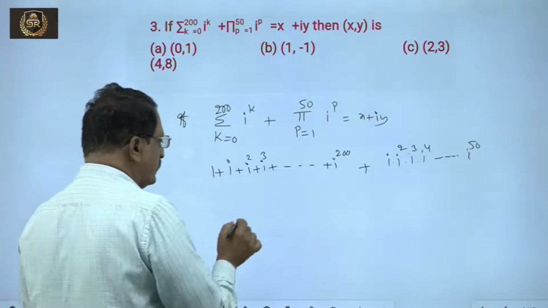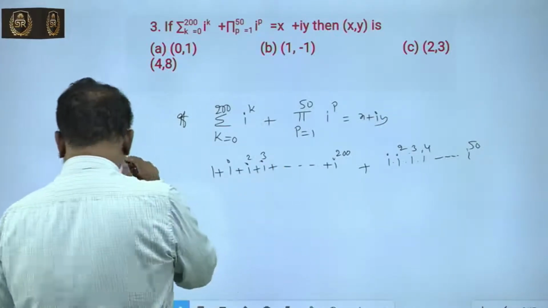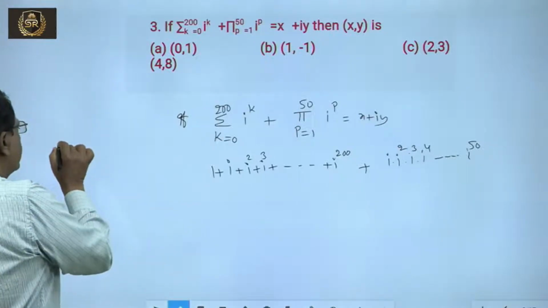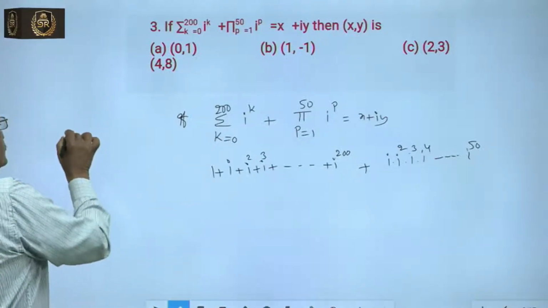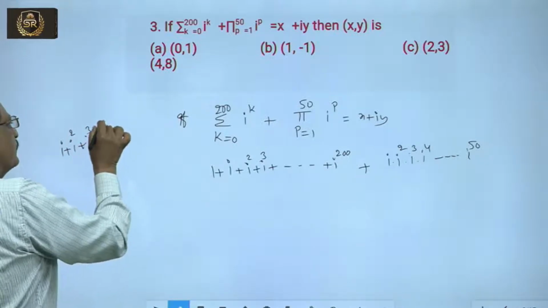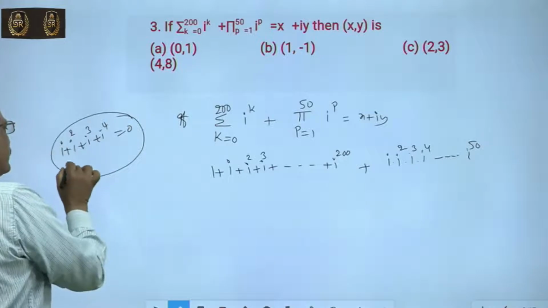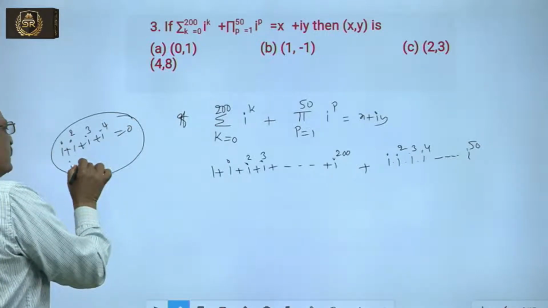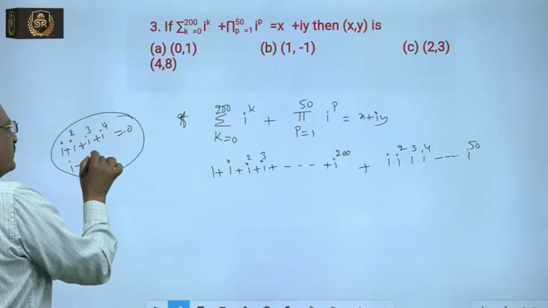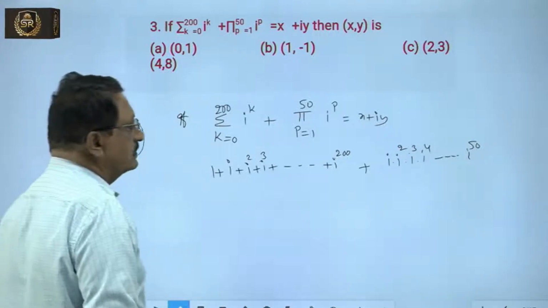Now in complex numbers, the first four terms i plus i square plus i cube plus i to the power of 4 always equal 0, because i square equals minus 1, i cube equals minus i, and i to the power of 4 equals 1. Now its value equals 0.